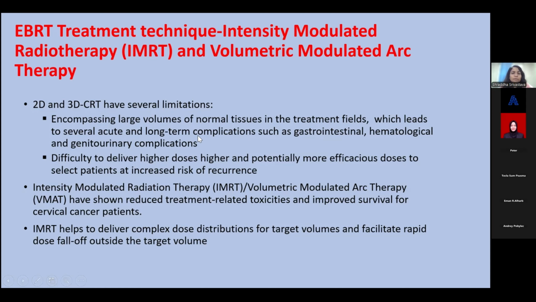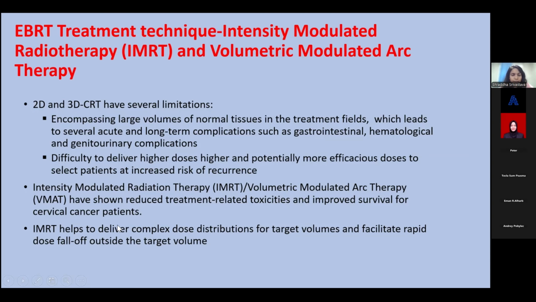A large volume of normal tissue was irradiated, which led to severe acute and long-term complications like gastrointestinal, hematological, and genitourinary complications. Moreover, it was difficult to deliver high doses to the tumor region because of the risk of recurrence.